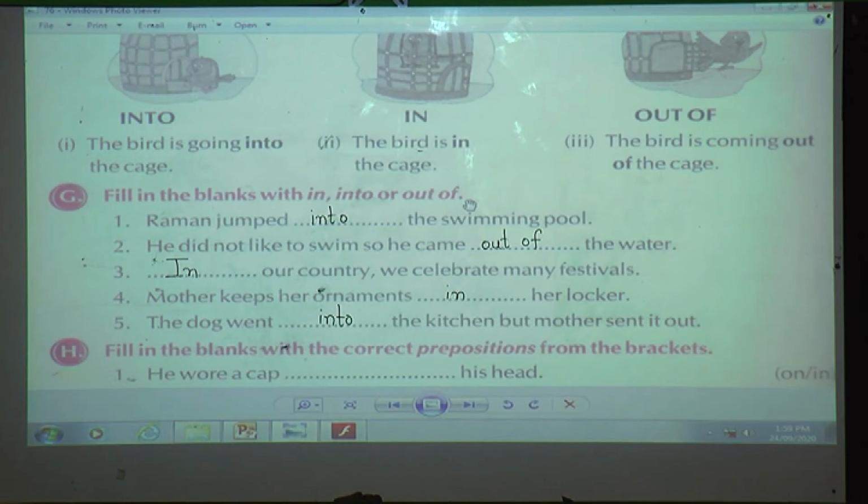Write it first so that I can move to exercise H. Next is filling the blanks with the correct prepositions from the bracket. Here they have already given two prepositions. Done with exercise G, students? Okay.